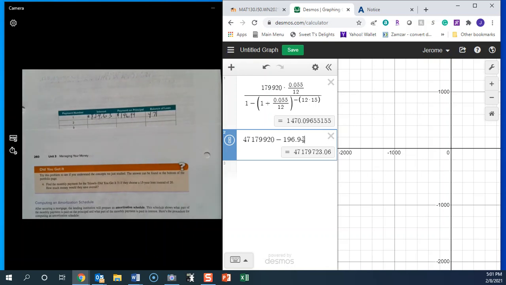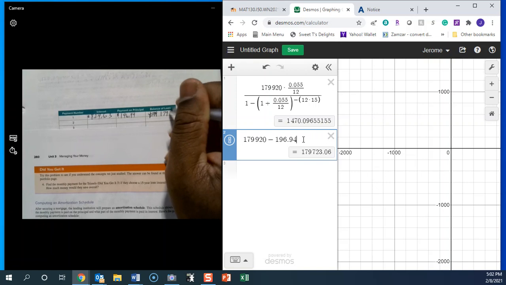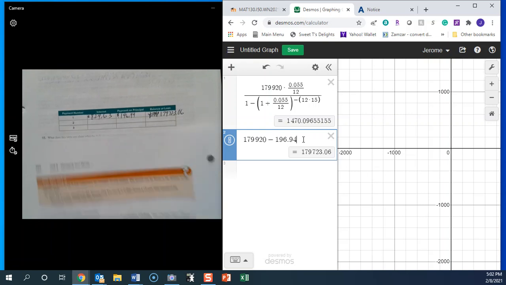I put it in too high. Hold on. Let me go back here. 179,920 minus 196.94. So it should be 179,723.06.